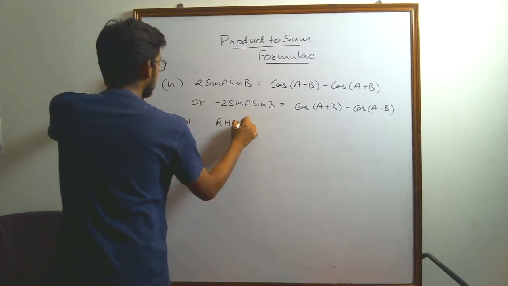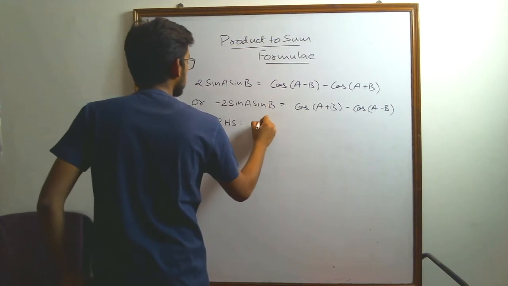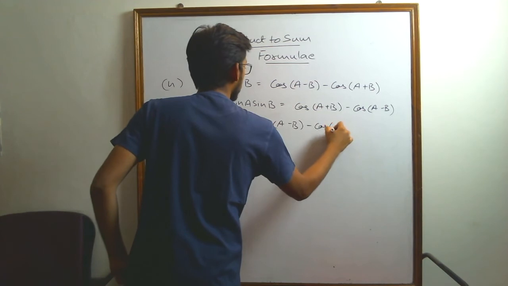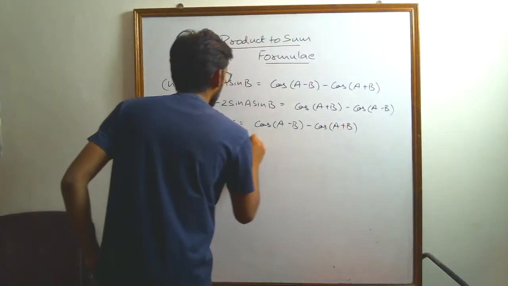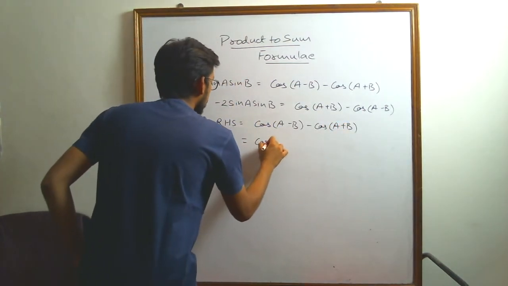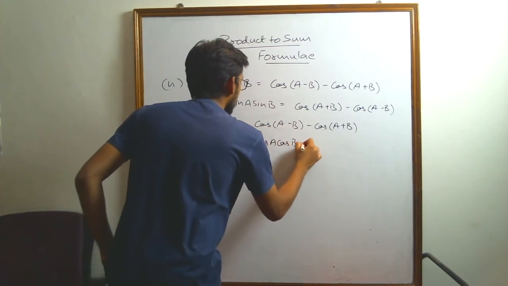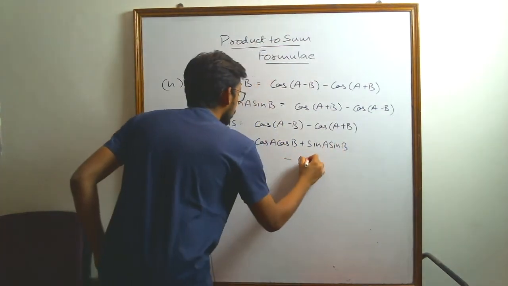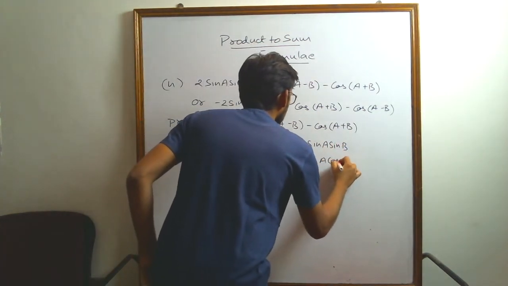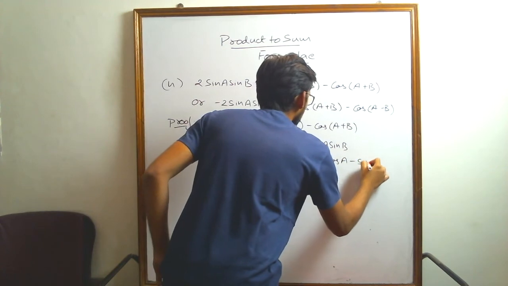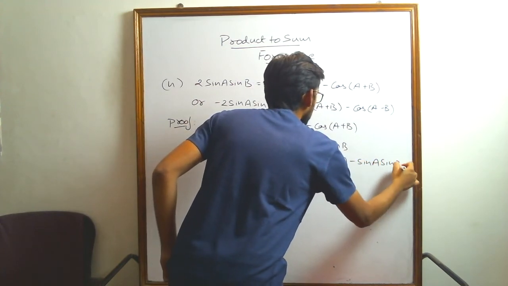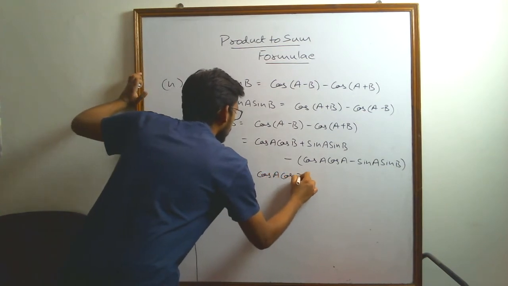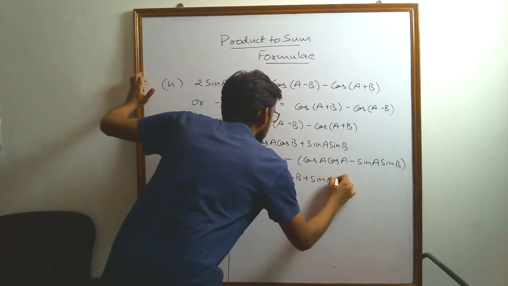RHS, if we proceed from here, cos A minus B minus cos A plus B. Now this is equal to cos A cos B plus sine A sine B minus cos A cos B minus sine A sine B. If I open this, this is cos A cos B plus sine A sine B as it is.